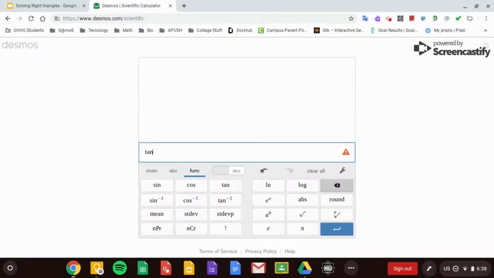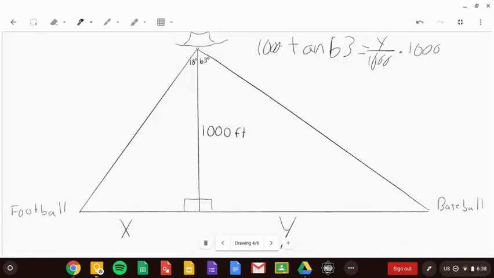Tangent of 63 times 1,000 gives about 1,962.6 feet. So y equals 1,962.6 feet. Now you know the distance between the baseball field and the ground underneath the pilot.